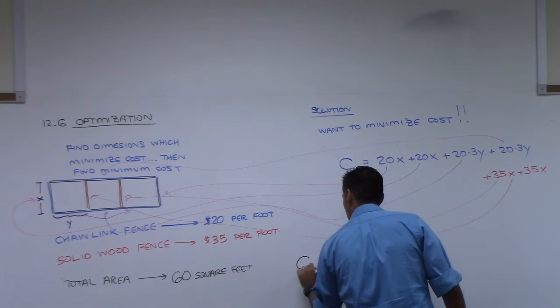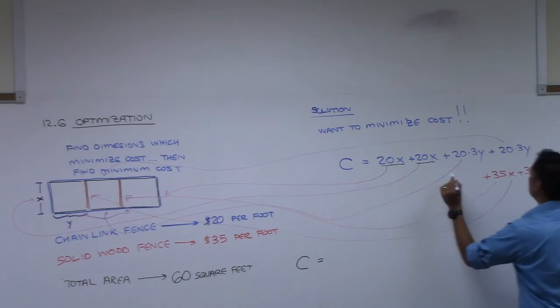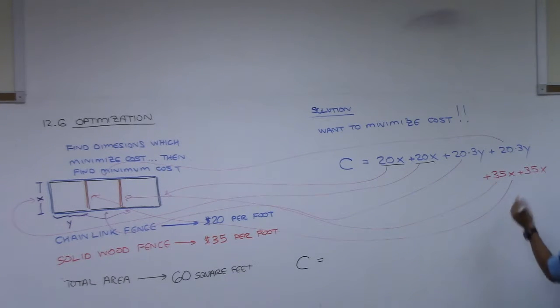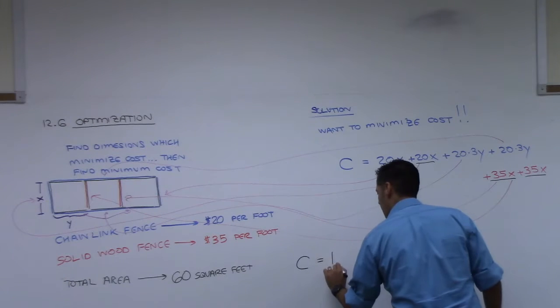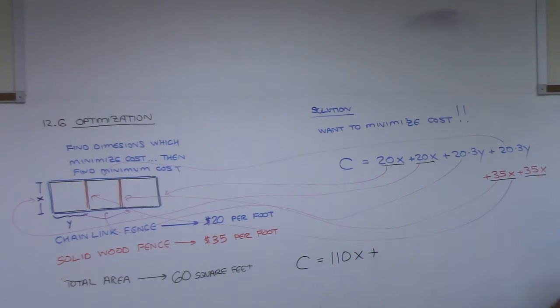This is c equals, now how many x's do I have here? 20x, 20x, and that's it, right? Oh, wait, no, sorry, I forgot about these now. So 20, 20, 35, and 35, so that's 110 x's, plus how many y's do I have?